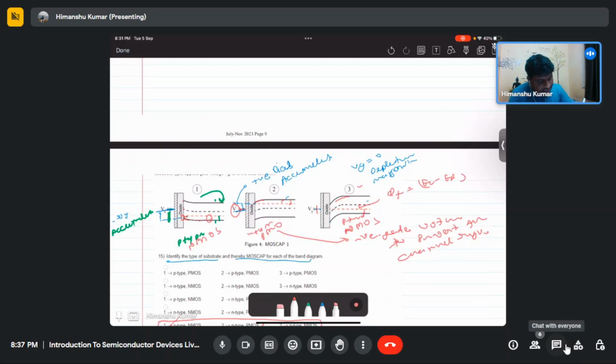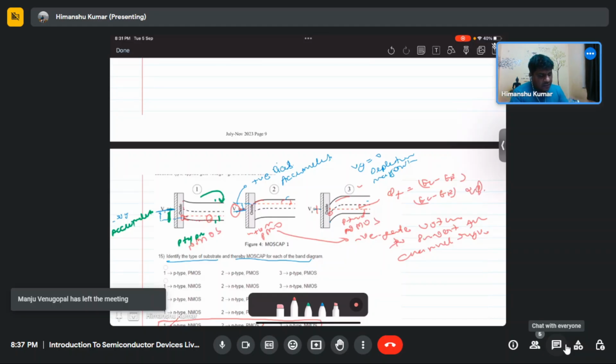At the interface, EF has become more compared to Ei, so the interface has become n-type, and Ei minus EF at the interface is approximately equal to phi F.